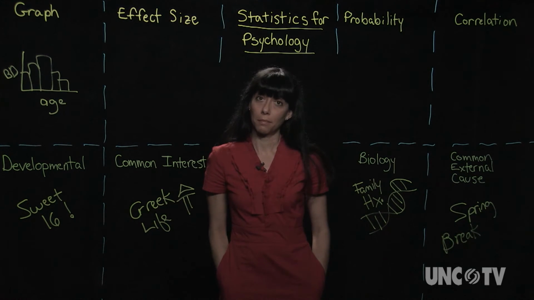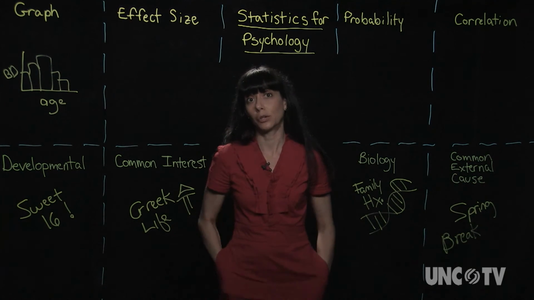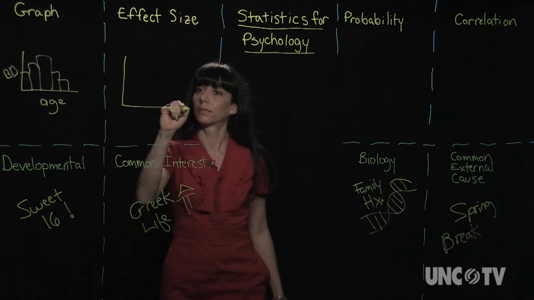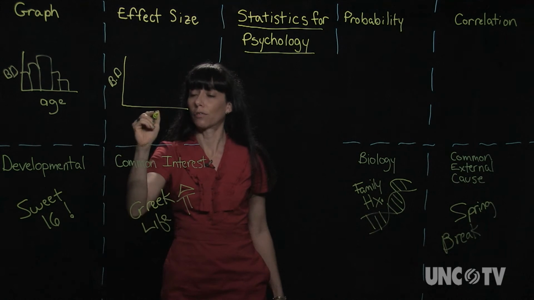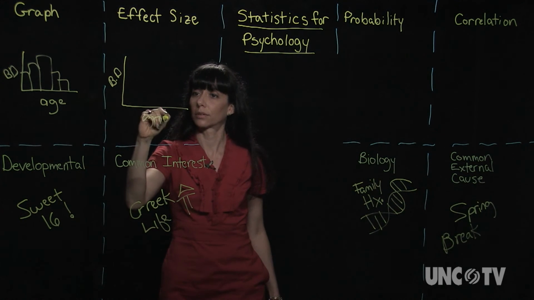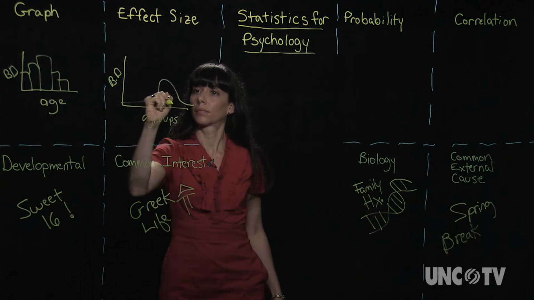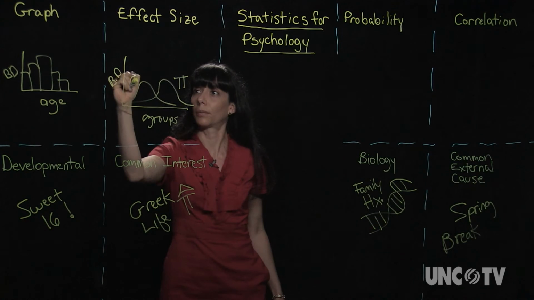Another tool that's really important within statistics is effect sizes. And effect sizes tell us if two groups differ. And so, for example, we can have binge drinking over here, and we have our groups. We can have our Greek life group.